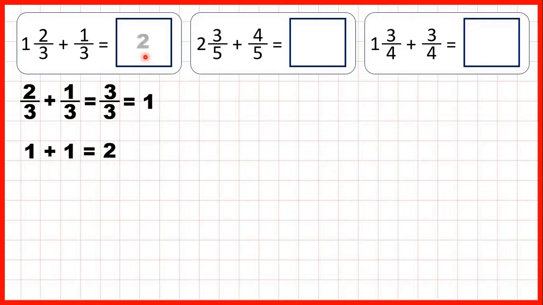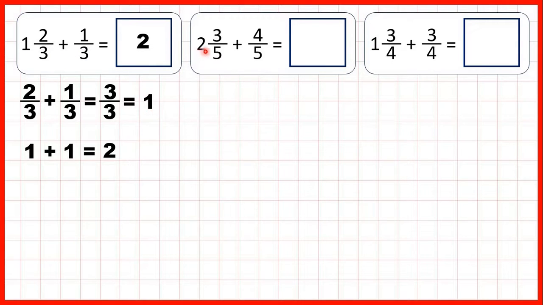So our answer is just 2 wholes. So sometimes when we're adding a fraction to a mixed number, we can still get a whole number as our answer if the fractions add together to total 1 whole.